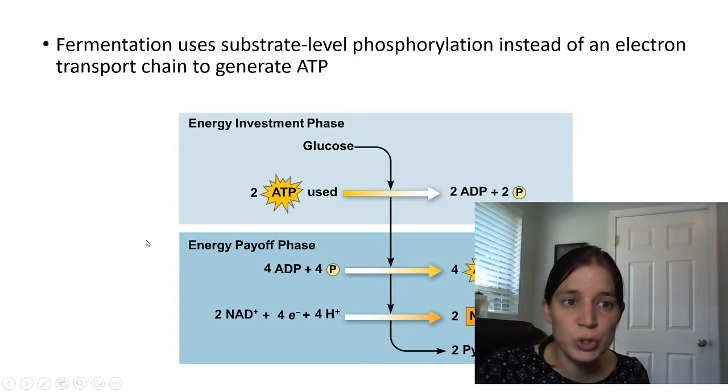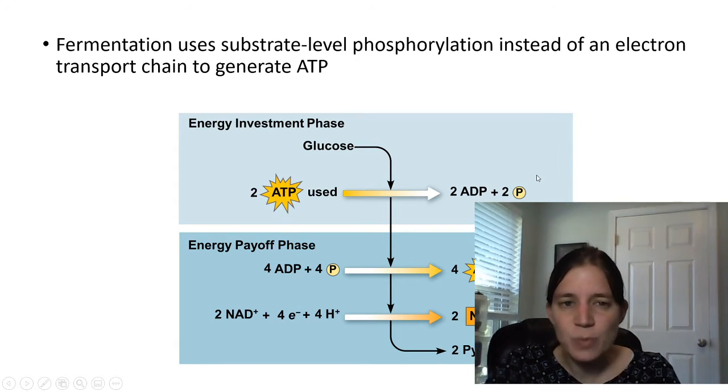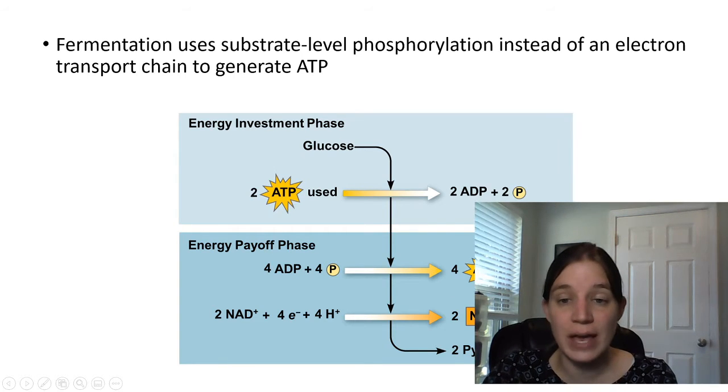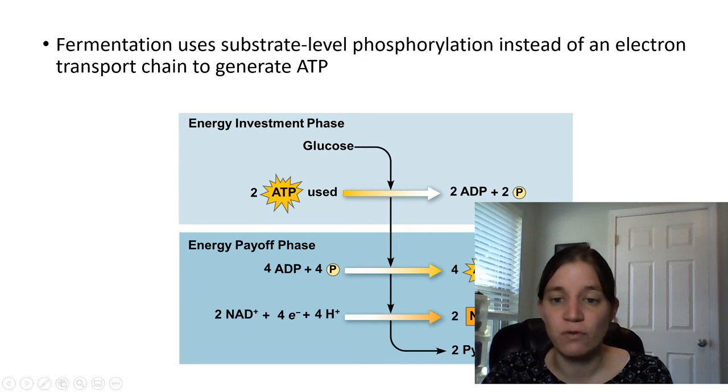The first part you start with is glycolysis, and you might remember you get a tiny bit of ATP out. You pay 2 ATP in, you get 4 ATP out.